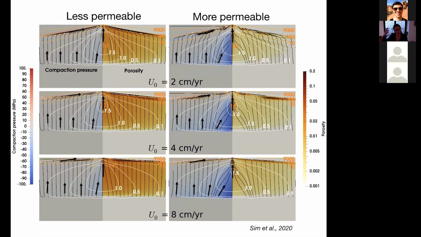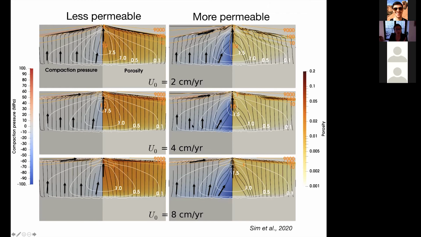You can think of it as, when the mantle matrix is less permeable, the melt is retained more in the mantle matrix, and it advects more with the mantle matrix. And when it's more permeable, it leaves the mantle matrix where it was melting from, and moves out of it. So that's part of the reason why you see less melt when it's more permeable.